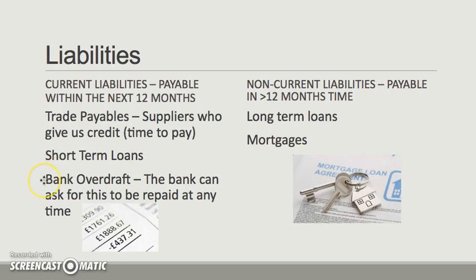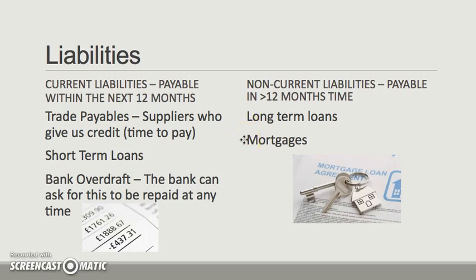And finally, a bank overdraft. So if we spend more money than we've got in the bank, we go overdrawn, we owe that money back to the bank. And the bank can ask that to be repaid at any time. So it could be a very, very short-term liability indeed. Secondly, non-current liabilities. These are payable in more than 12 months' time. So they're longer-term debts. Longer-term loans, 2 years or more, but also mortgages.